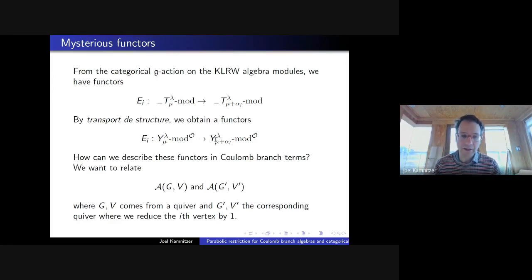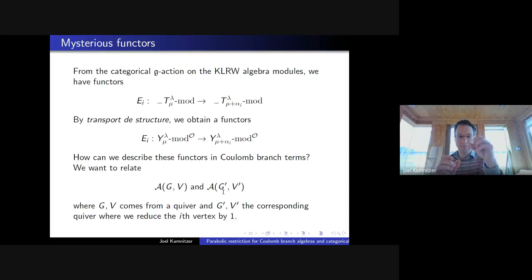Okay, so if we think about it from the Coulomb branch point of view, we have this pair (G, V), which comes from a quiver, as I mentioned. G is some product of these GLs, V is the representation. And then we have another pair (G', V'), which gives us this guy here. How do they differ? Well, what's changed is that I've just changed the ith vertex by 1.